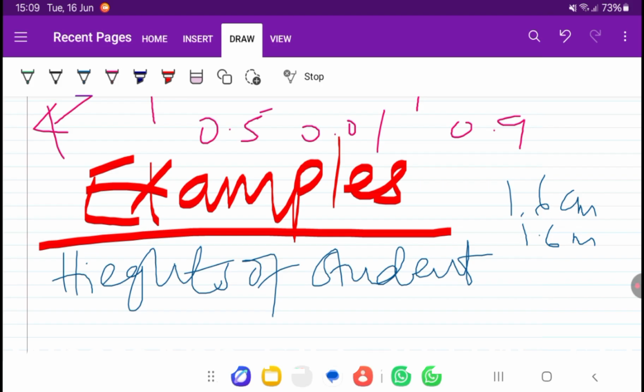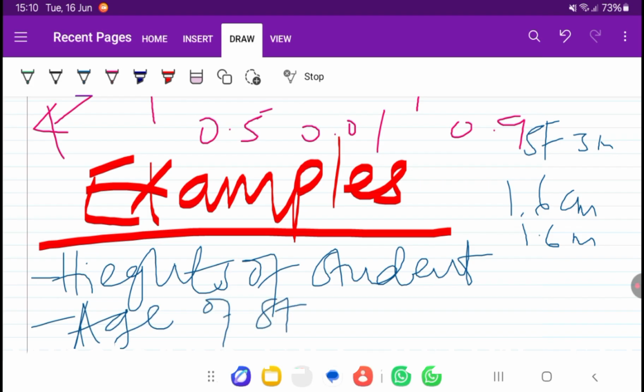If you're measuring in foot, someone can be maybe 5 foot and 3 inches. So that's one of the examples. We can also have age. Someone can be 12.5 years, maybe 12 years and 6 months. So we can have the ages of students.